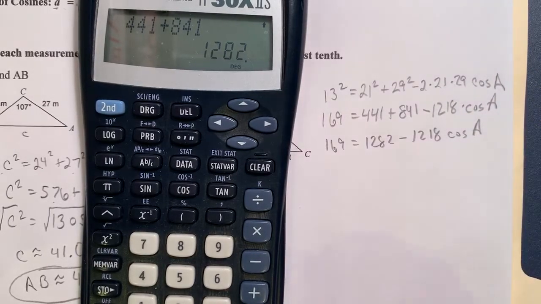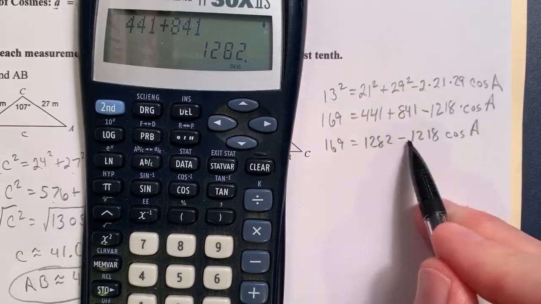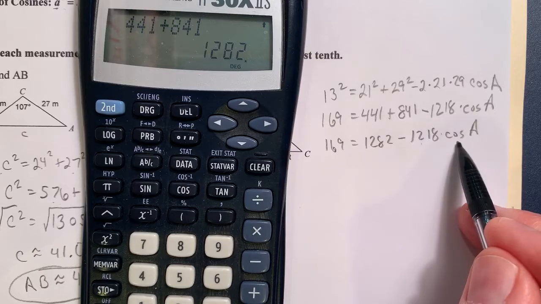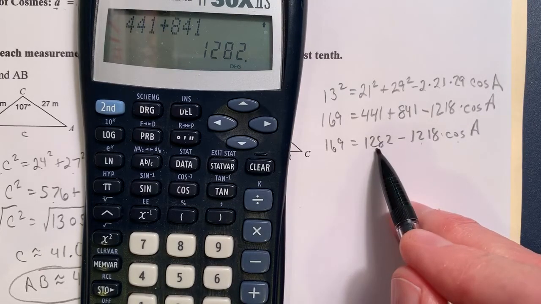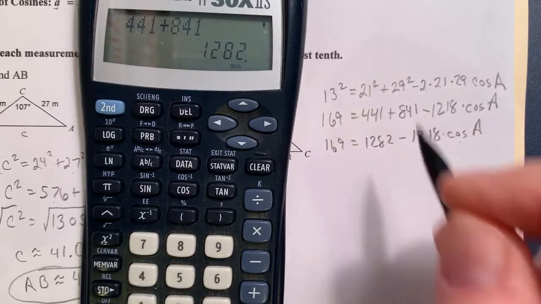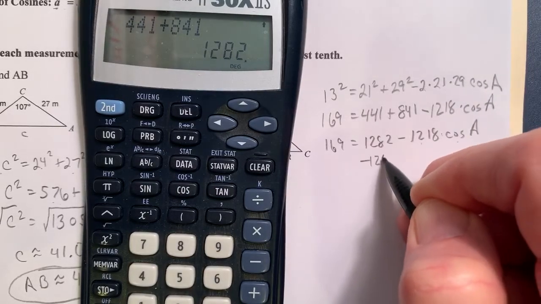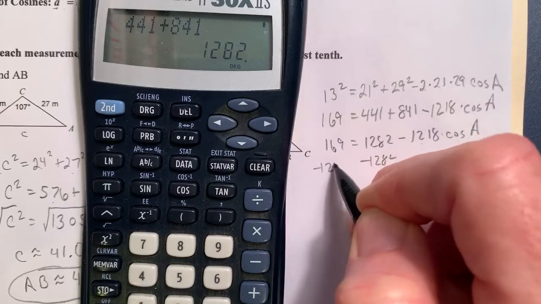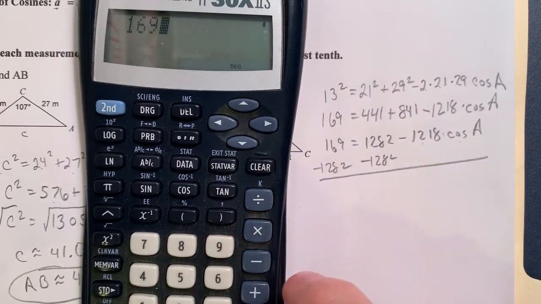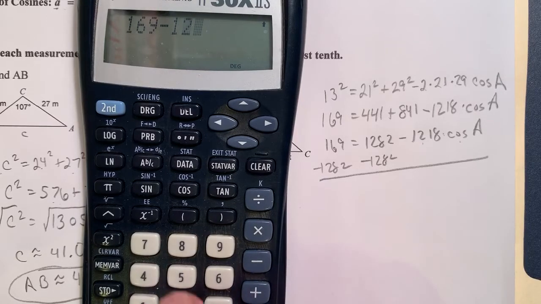Okay, I'm trying to get A all by itself. Again, I can't add or subtract these because they're not like terms. This 1218 has the cosine A attached to it by multiplication. It doesn't have the same thing here. So I need to get everything on that other side. So subtract this from both sides. 169 minus 1282.